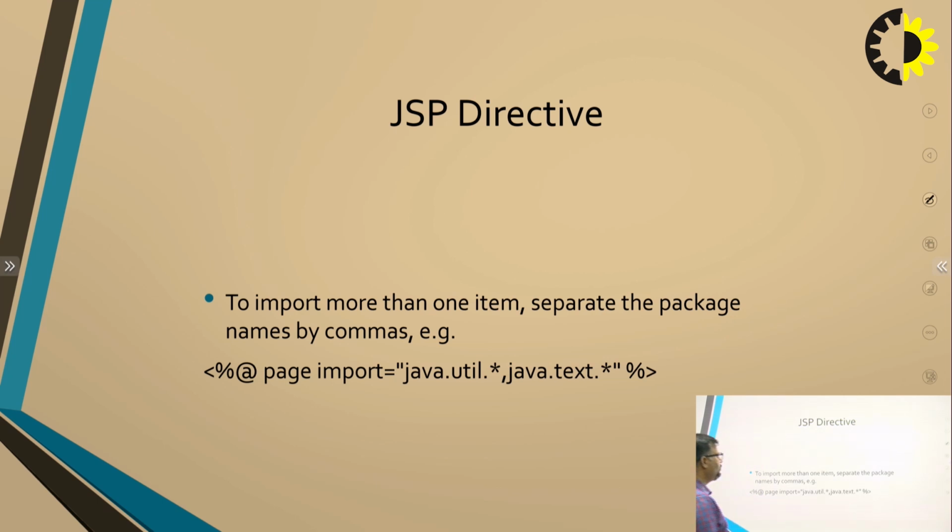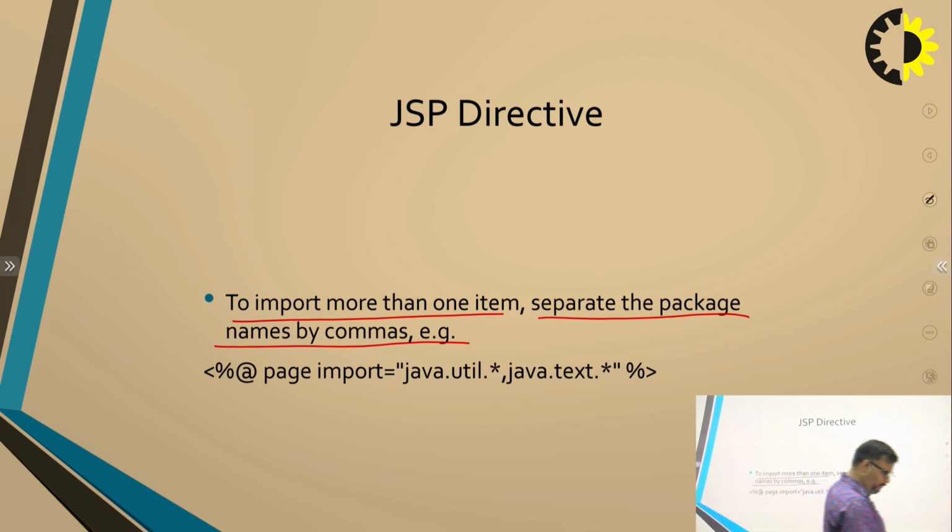Okay. So JSP directives: if we use the JSP directives, then to import more than one item, separate the package names by commas. Suppose that we want to use multiple packages in our program, then which way? First of all, we will import all packages in our program.